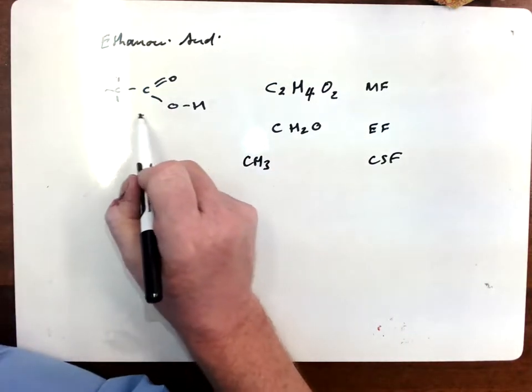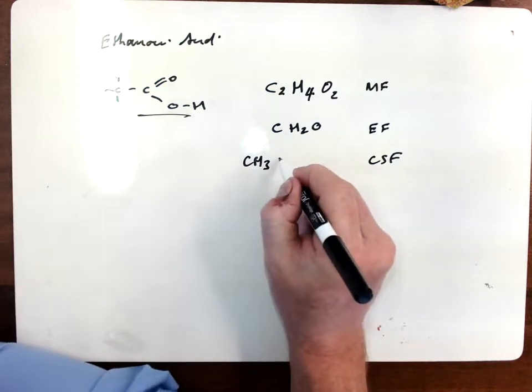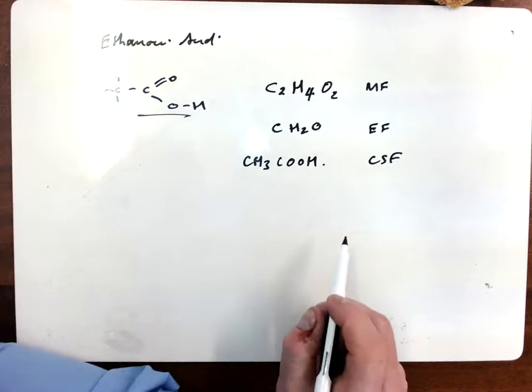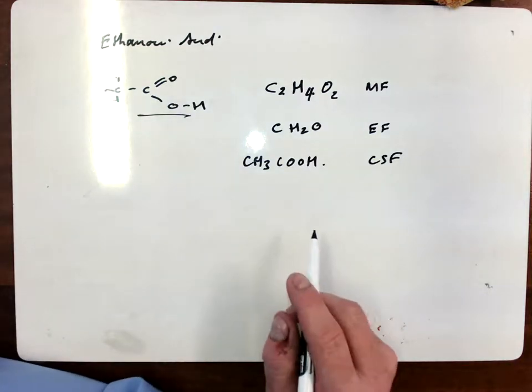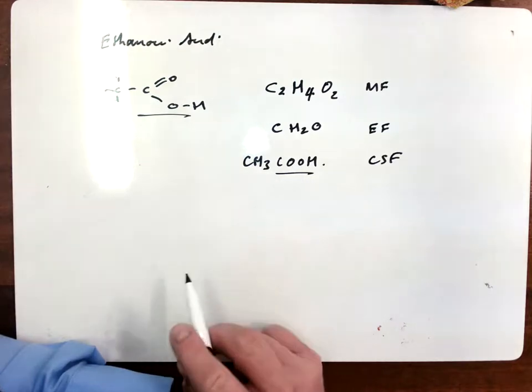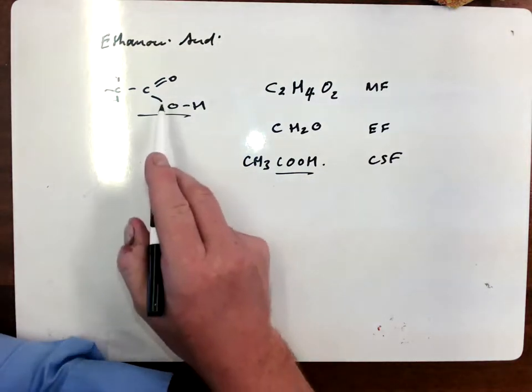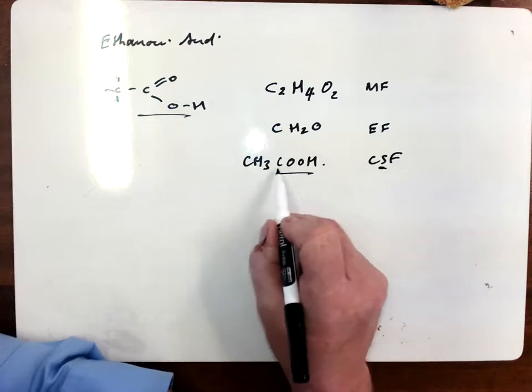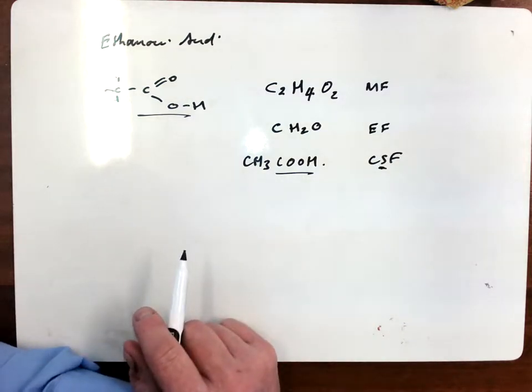Now we have a functional group here, and the way in which we must represent a carboxylic acid functional group is by writing it COOH. So I now know that that is a carboxylic acid, and that's a condensed structural formula. I know what the structure is there.